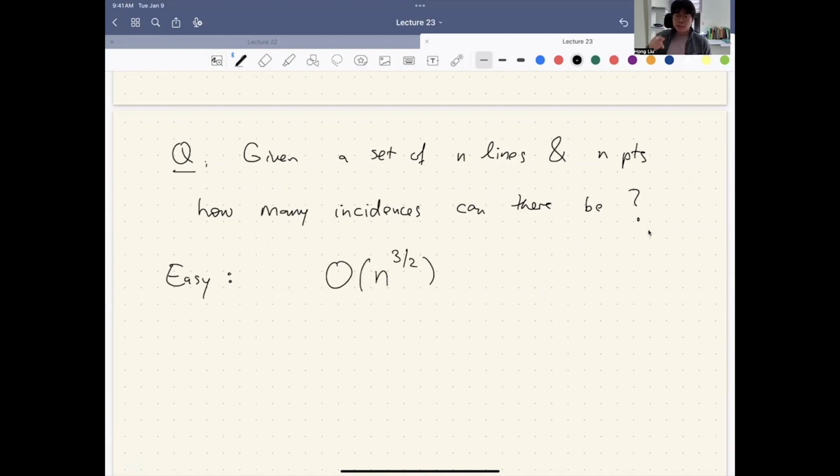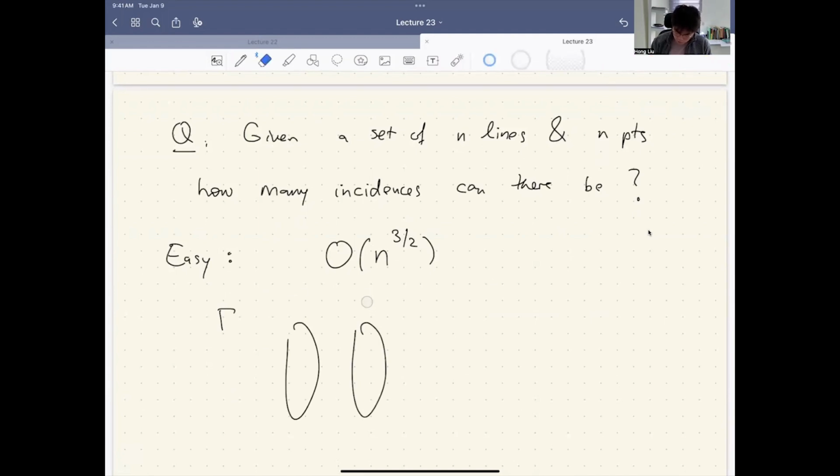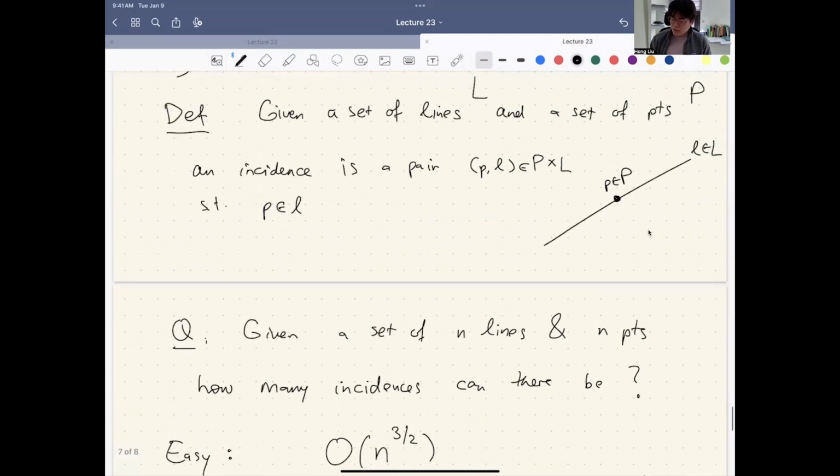Why is this easy? Construct an auxiliary graph gamma where here you have lines and here you have points. Actually, let me write points on the left. And you put an edge if p lies in l. So p is adjacent to l in gamma if and only if p is a point on the line.